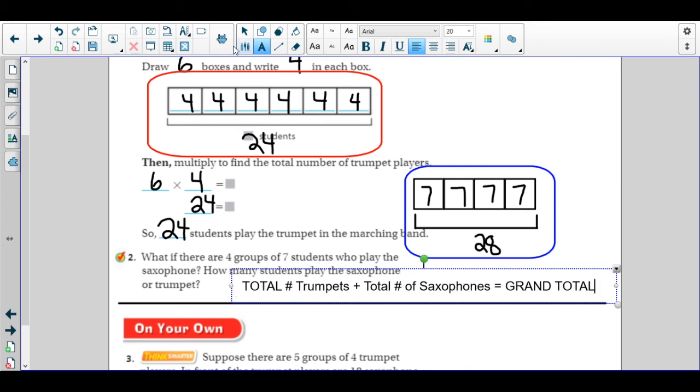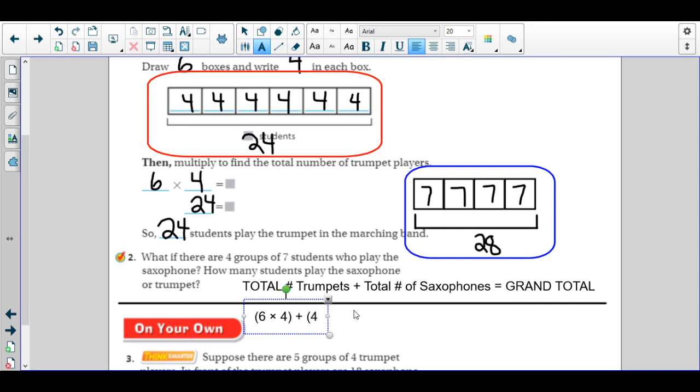So how many trumpets did we get? Well, we had 6 groups of 4. And we are going to add to it the number of saxophones. And what did we have there?